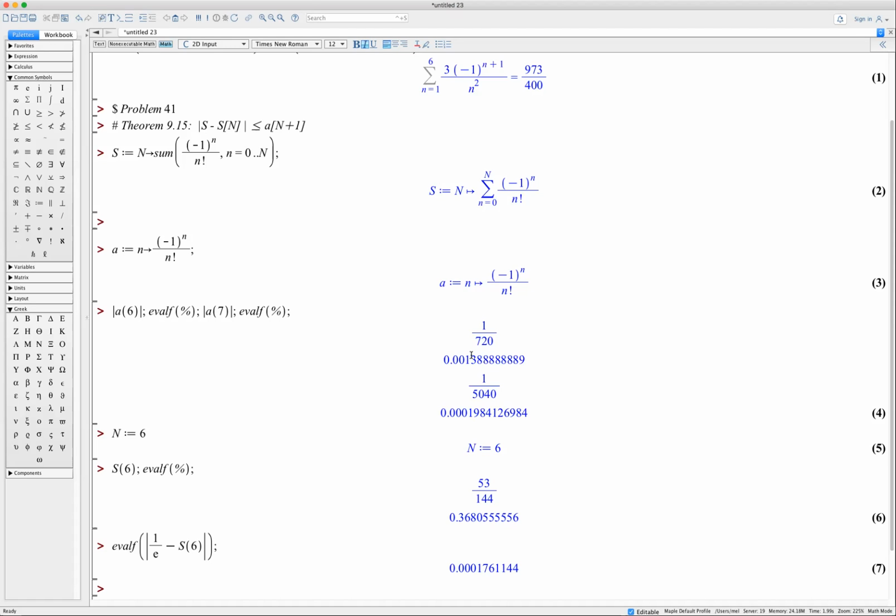The sixth term is bigger than 0.001, but the seventh term is smaller than 0.001. So capital N is equal to 6. The sum of the first 6 terms of the series is 0.6, and the error between that and 1 over e is smaller than 0.001. So the answer is N equals 6.